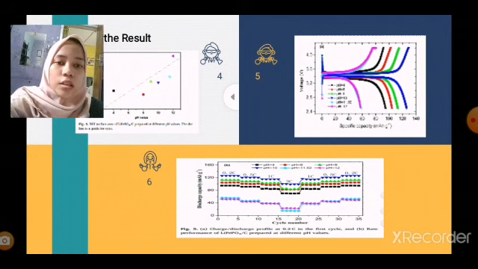Then it decreased with the further increase of pH. The discharge capacity at 0.2 C in the first cycle is listed in table 3.